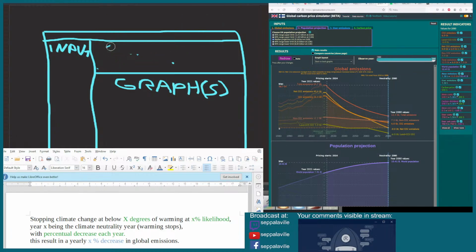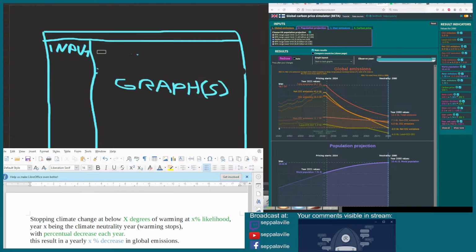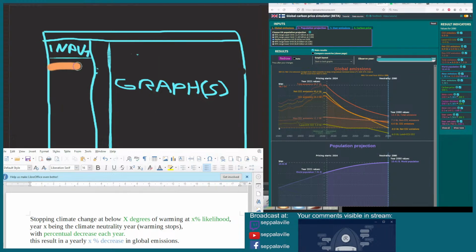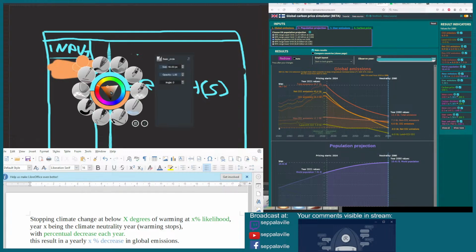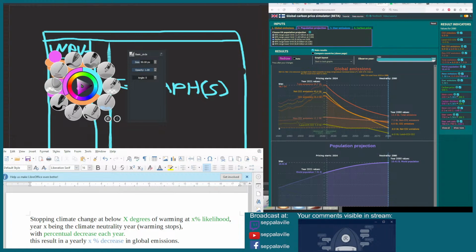Let's take the text stuff out for now, because I had this idea that we would have inputs of different color. Like this is the global emissions, then we have this, so these would be input windows that you can expand and contract.